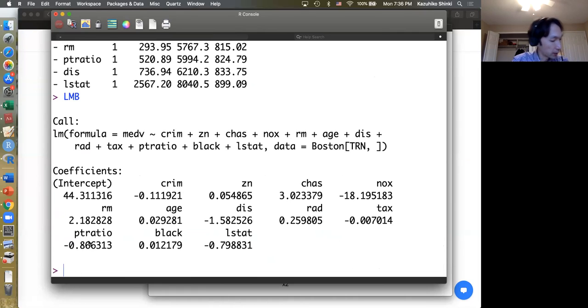So this is the selected model, and it is the baseline for this prediction comparison.